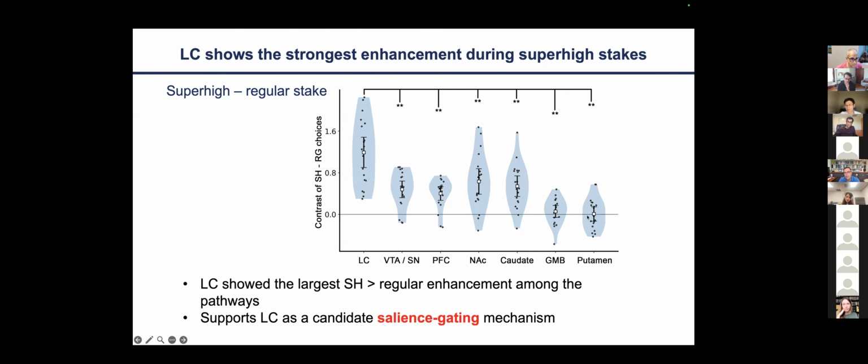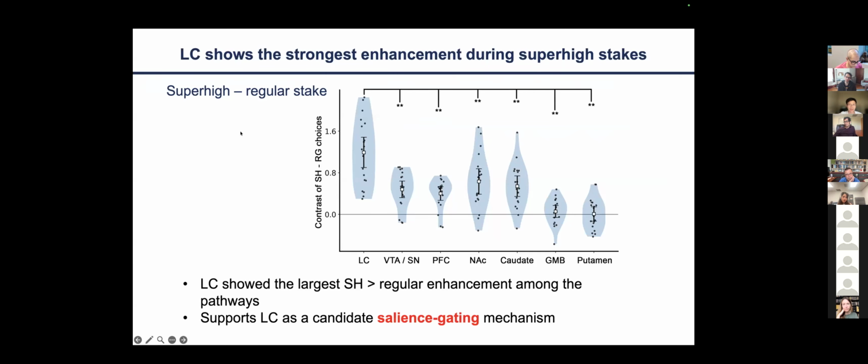The gray matter bridge and putamen, we already know they are not sensitive to the stake value. And LC shows the largest enhancement by the super high stake. It supports LC as a salience gate into the pathway, and more evidence about the LC role.